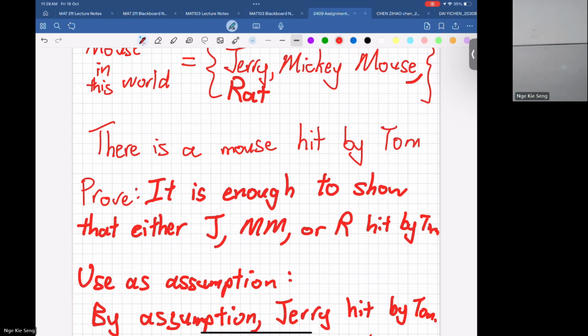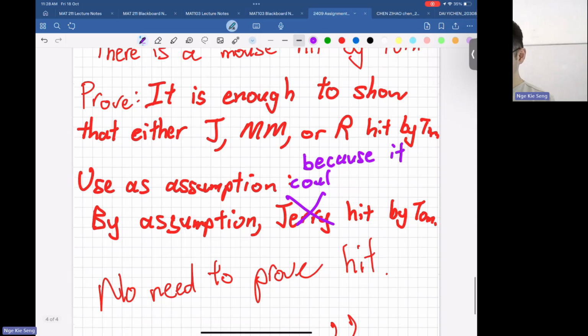Does it make sense? You cannot deduce this. Why? Let me write down properly.